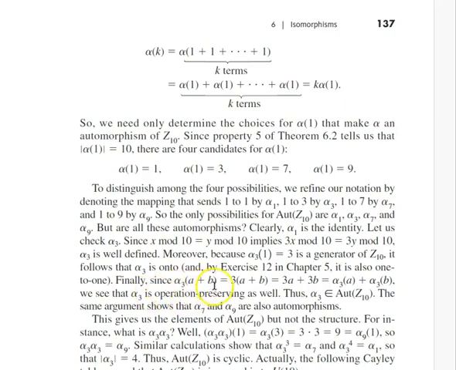Finally, alpha 3 of a plus b is 3 times (a plus b), and this is 3a plus 3b from the distributive law, which is alpha 3 of a plus alpha 3 of b. So alpha 3 is operation preserving, so alpha 3 is an automorphism of Z10. Similarly, we can prove that alpha 7 and alpha 9 are also automorphisms.